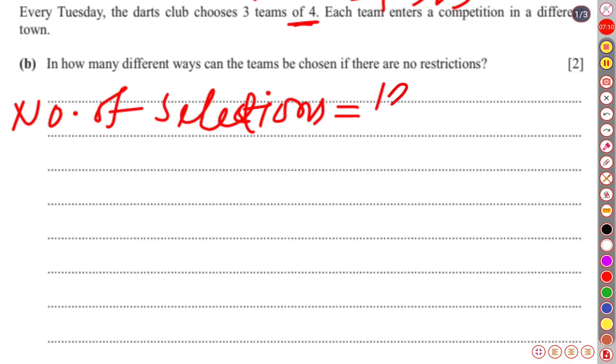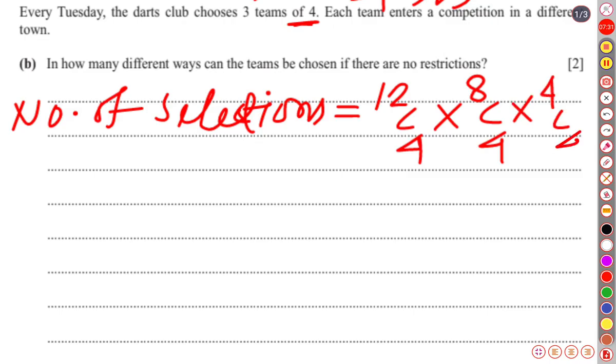Out of 12, in the first team we are giving four members. Then for the second team, four have already gone away, so there remain eight members. Out of eight we are choosing again four for the second team, and for the third team there are only four members, all of which should be chosen.